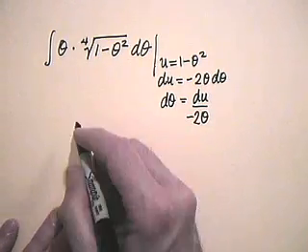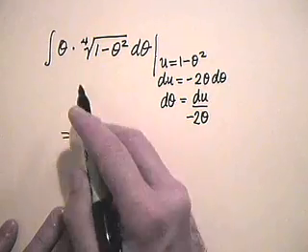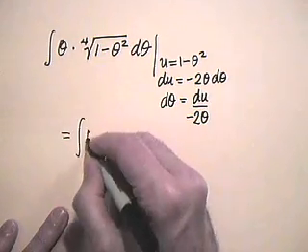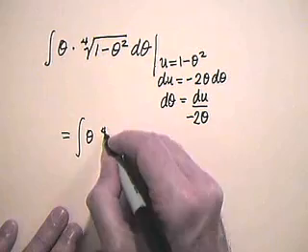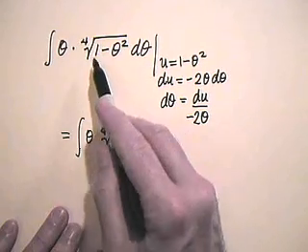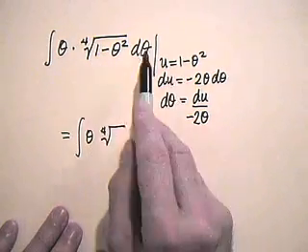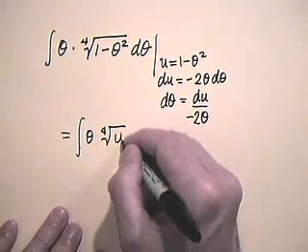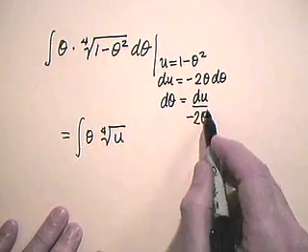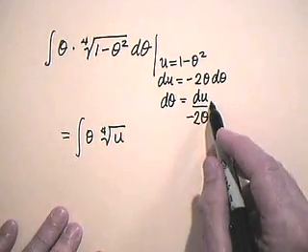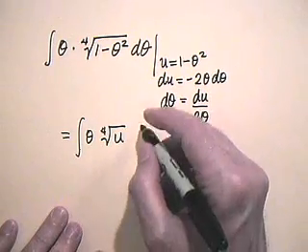So when I substitute into this indefinite integral, I get integral theta times the 4th root of merely u, because 1 minus theta squared is u. And for d theta, we'll substitute our expression here, du over negative 2 theta.